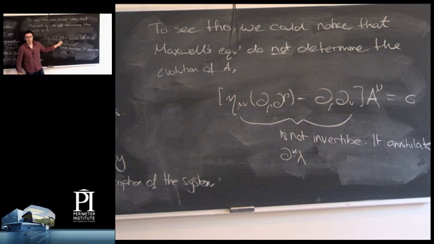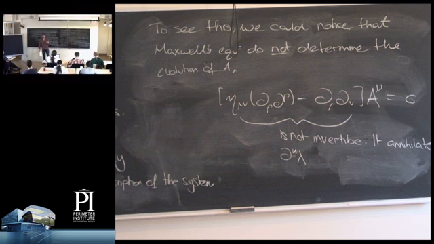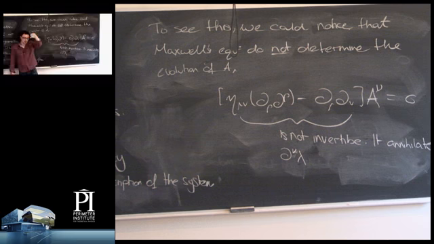What does that mean? It means that we've got no way of uniquely figuring out what A is doing. We've got no way of knowing if a given A at some initial time evolves to a particular A at a later time, or to that A plus something of this form, because this operator just doesn't distinguish between those two cases.